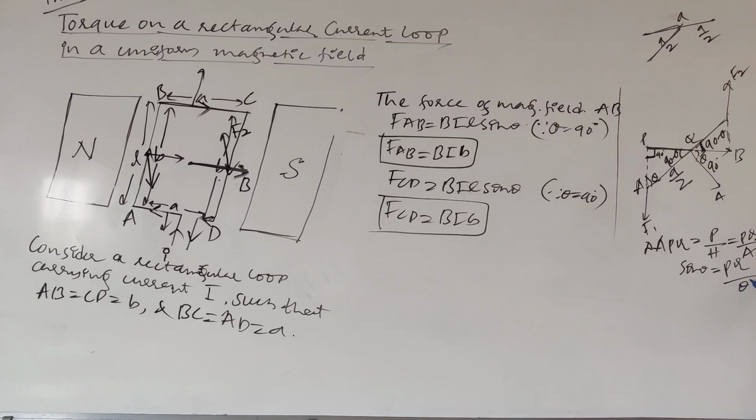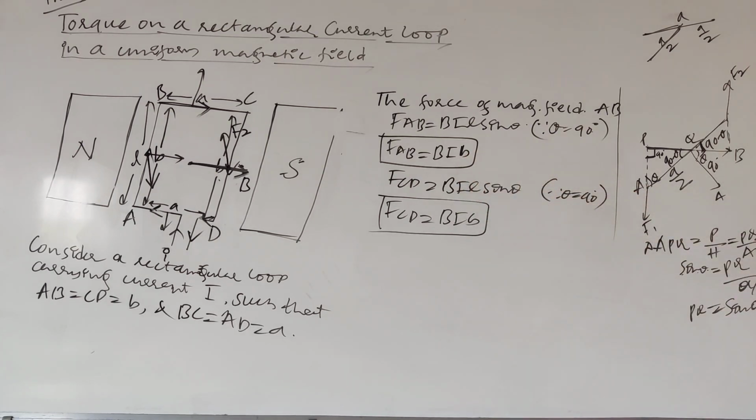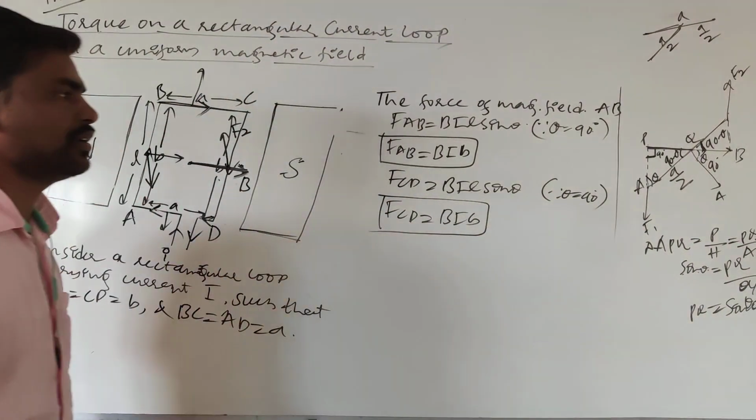Now we want PQ, so PQ is equal to AQ sin theta, that is, sin theta times A by 2. From this we get the value of PQ as A by 2 sin theta.